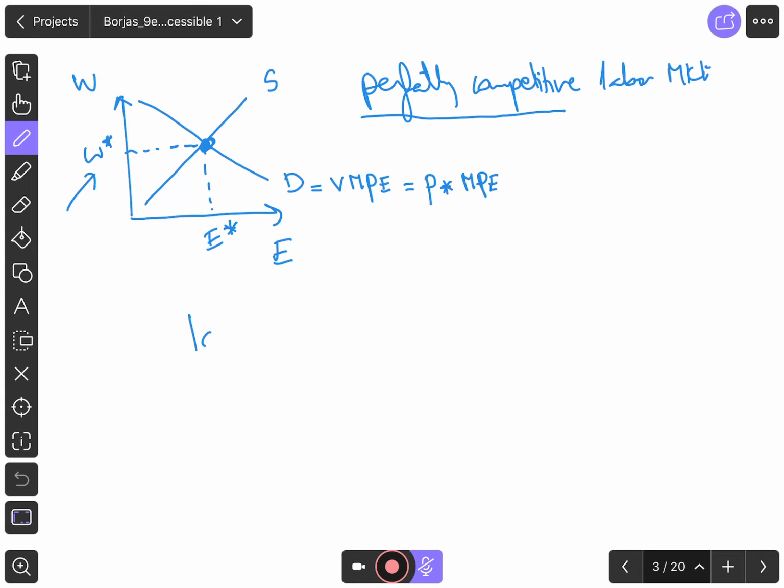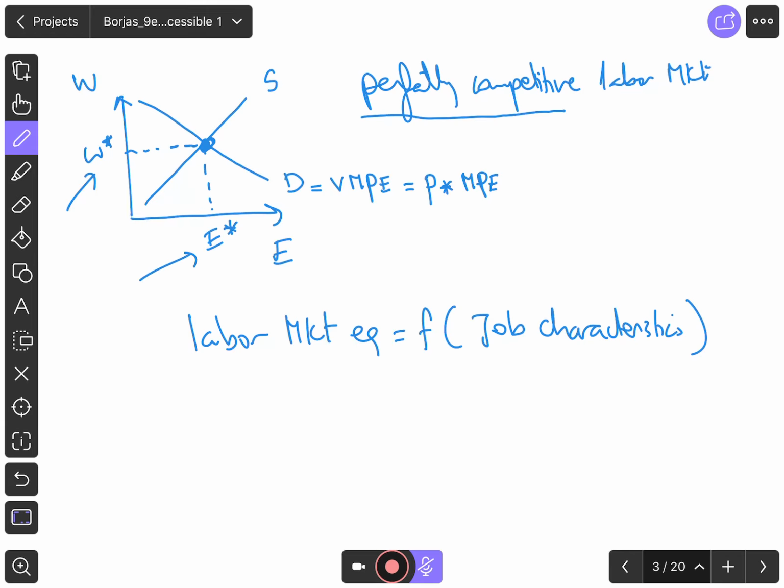When we talk about the labor market, I'm going to write MKT for market equilibrium, which is a function of the job characteristics. So it's not just that simple, but it depends on job characteristics. Different jobs have different characteristics, and accordingly, workers would ask for compensation.